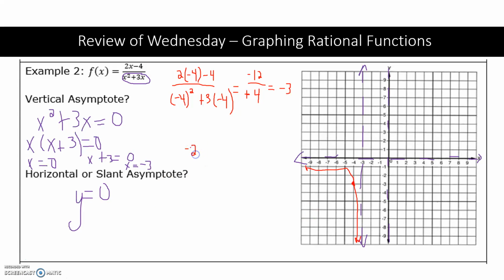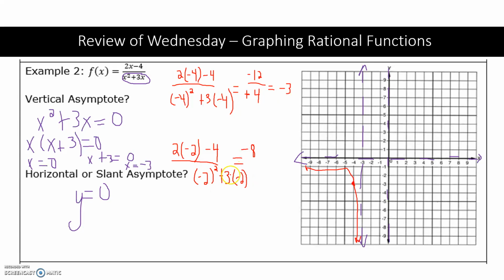So I'm going to have 2 times negative 2 minus 4. So that's minus 8. And then I'm going to have negative 2 squared plus 3 times negative 2.